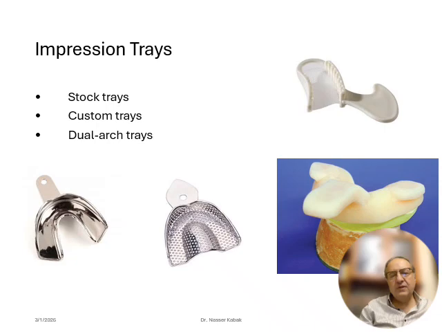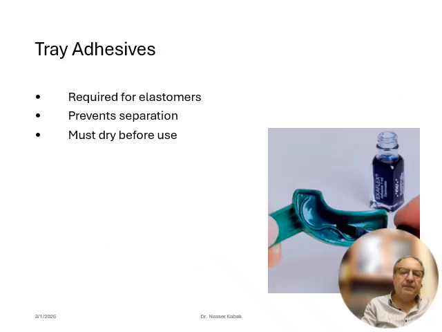The perforated ones are used with the putty and the medium viscosity, or putty with light viscosity. If the patient has special anatomical features, we might also make a custom tray, and this is of course the best way to take impressions, using custom trays that are properly fabricated only for the patient in this case.